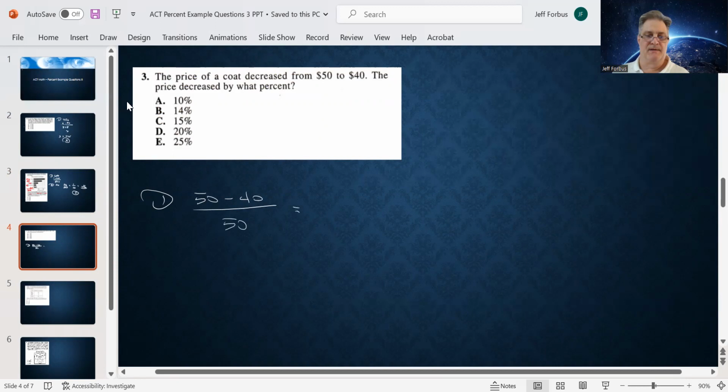So that's going to be 10 over 50. Well, that can be reduced to 1/5, which is 20%. And so that'd be answer choice D.